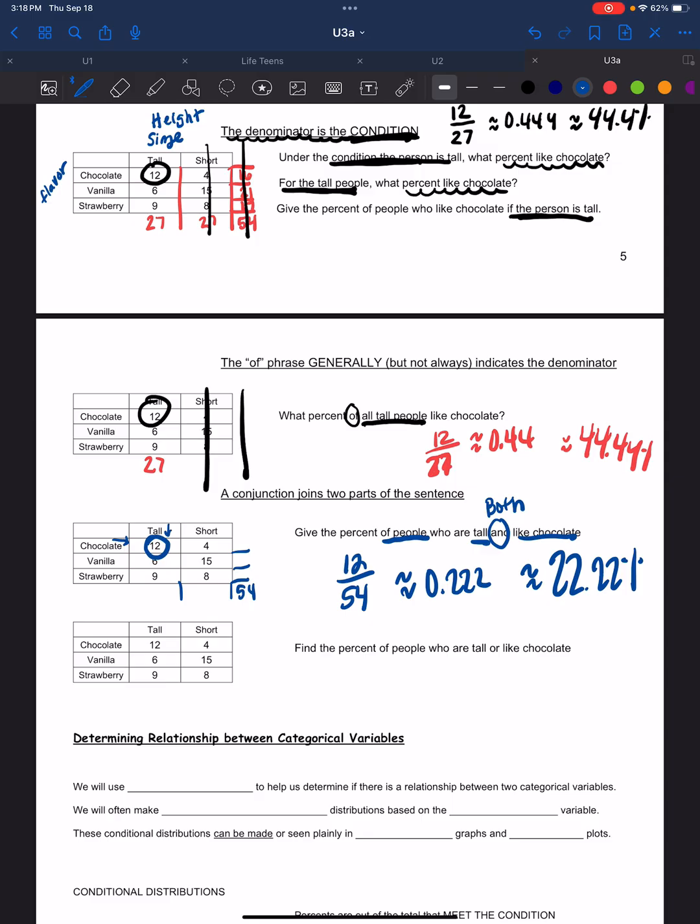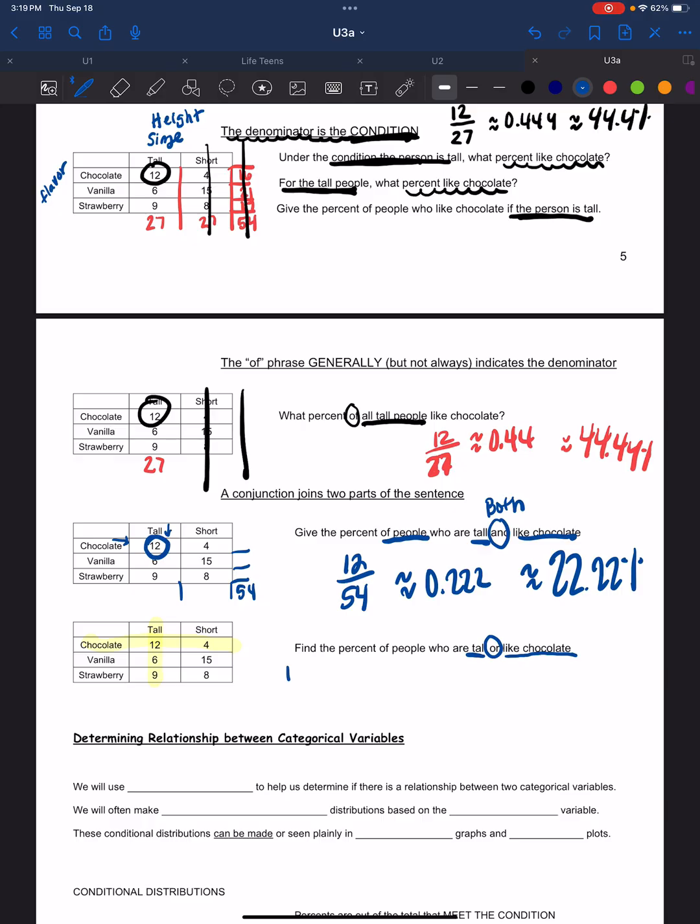All right. It says find the percent of people who are tall or like chocolate. So they could be tall or they could like chocolate. So that tells me to go look at my table and find out those things. So let's just go look. Here are all of the tall people. And here are all of the people that like chocolate. And so if you can be one or the other, we're just going to take all of those and add them up.